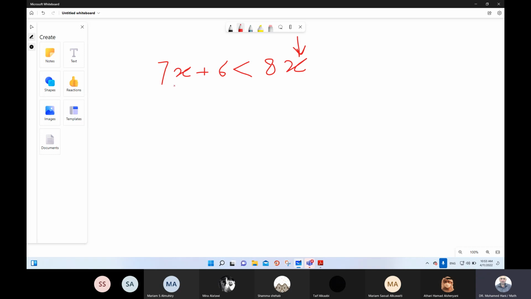So you can add the inverse of 7x, which is negative 7x, to the two sides.